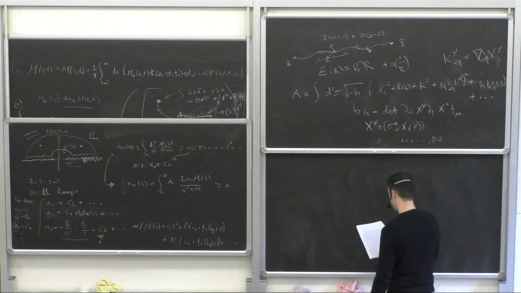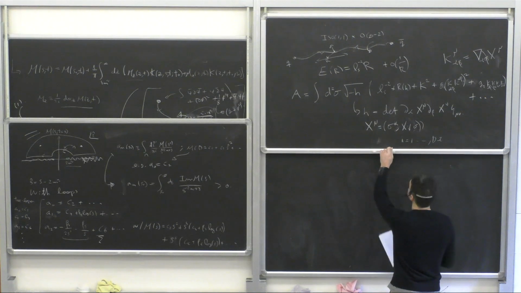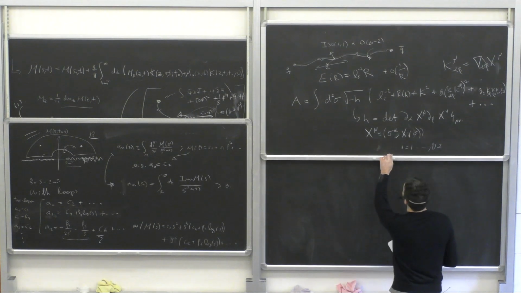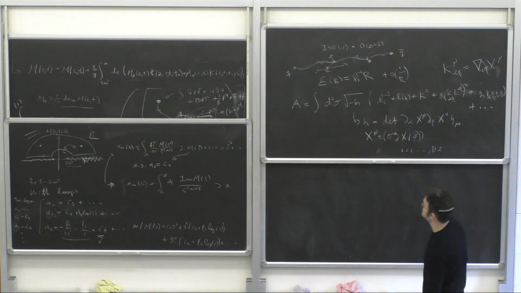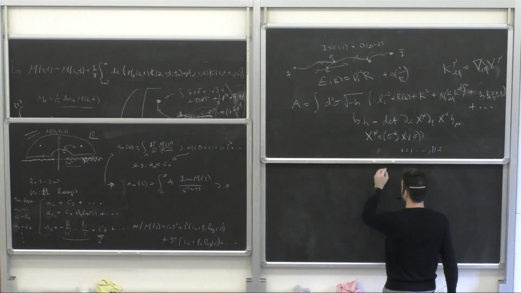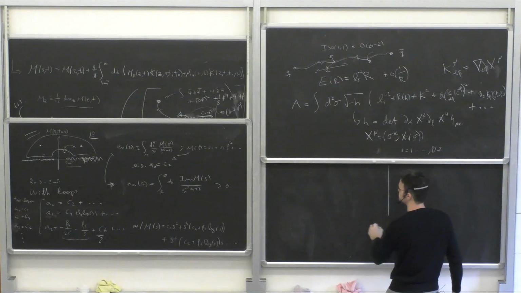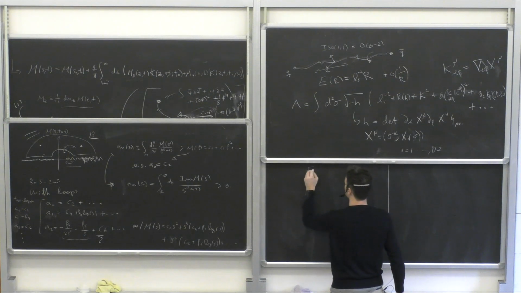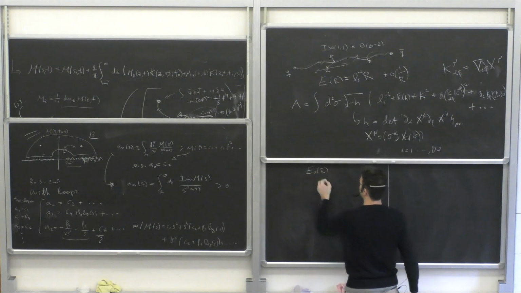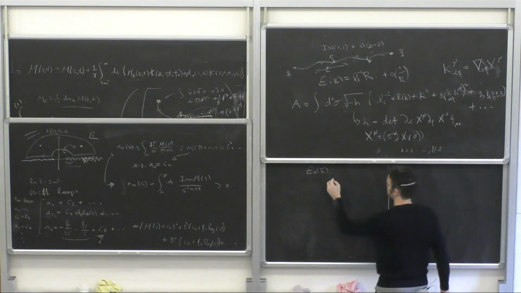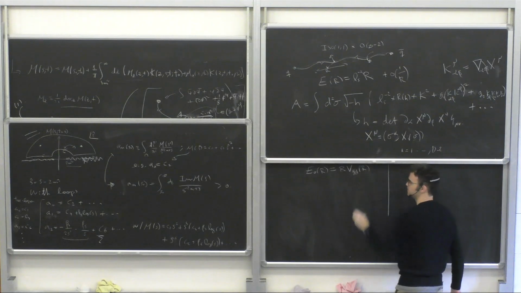Now there are two types of observables that we would like to compute. Let me discuss both of them. So one is the vacuum energy, which is nothing but B times the effective potential.